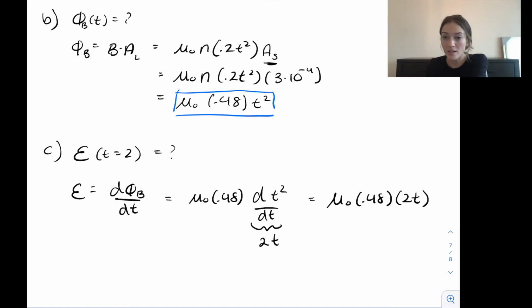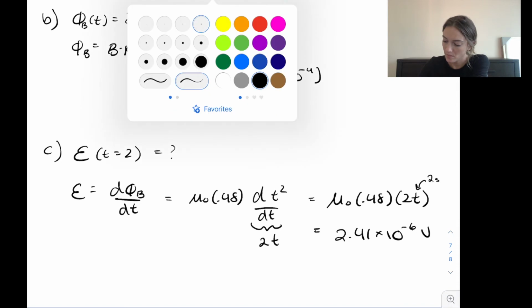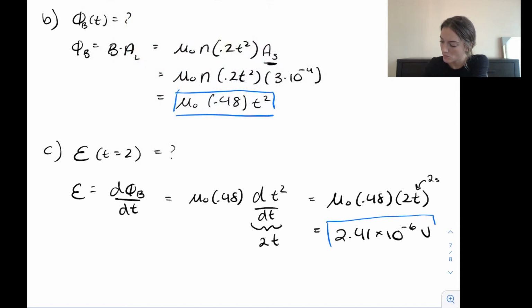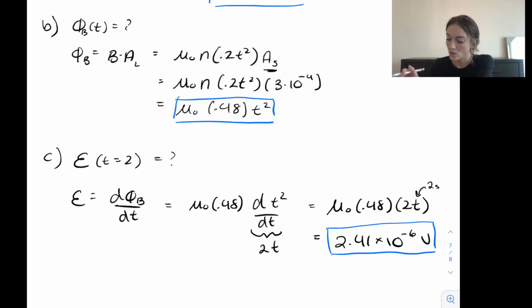And then it says when t is equal to 2 seconds, so then we just plug in 2 seconds here, and you multiply all that out, your mu naught, 0.48, 2 times 2, we end up with 2.41 times 10 to the negative 6 volts. So that's the EMF through that larger wire loop.